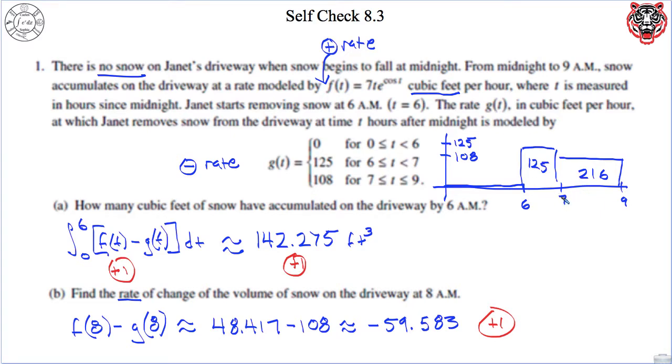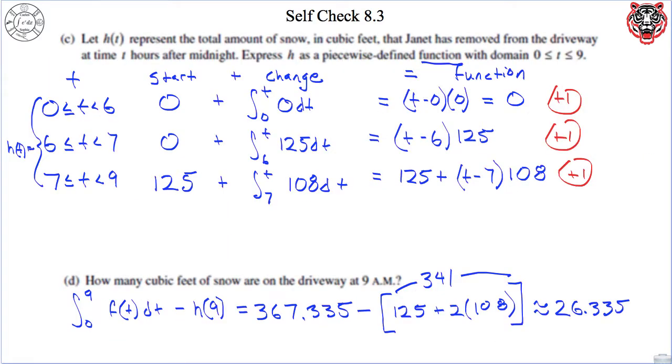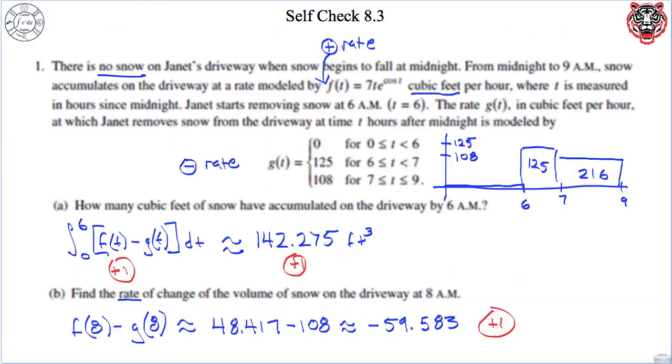Wait, am I just crazy? If I'm taking the integral from 0 to 9 of 108, can I just do 108 times 9? No, because 108 times 9 assumes that you've been shoveling snow for 9 hours at a rate of 108.